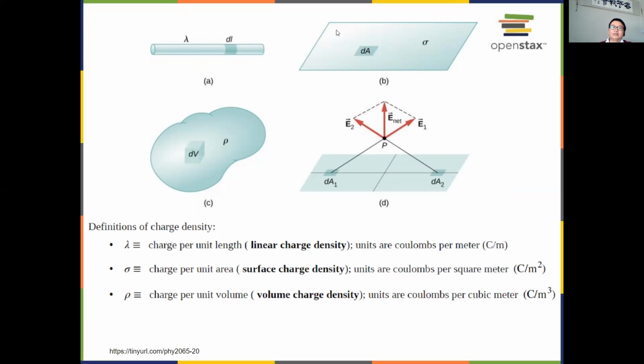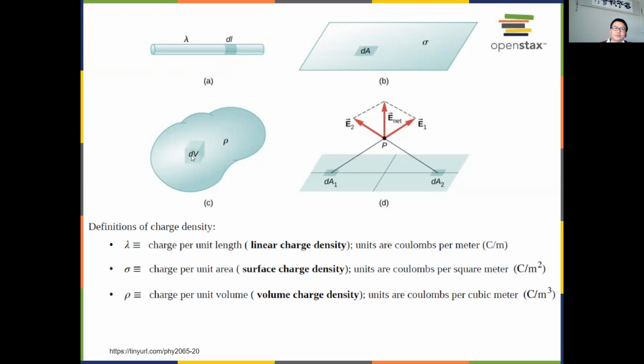If you have a surface distribution of charge, then you can divide the surface into small pieces. Each small piece will carry the charge of sigma times dA. That's the dq. And if you have a volume distribution, then the charge per unit volume is represented by the symbol rho.